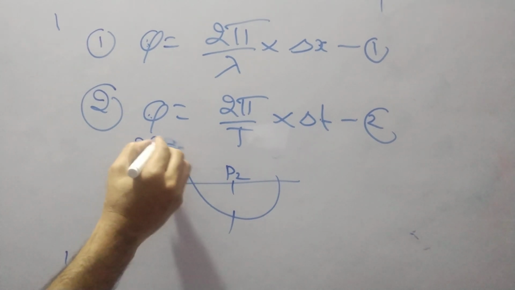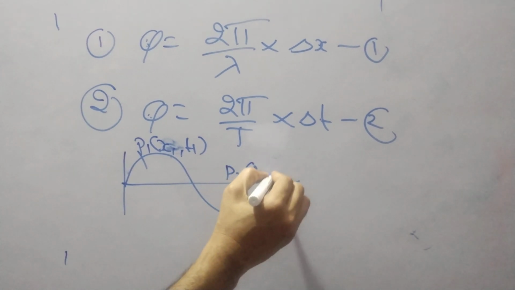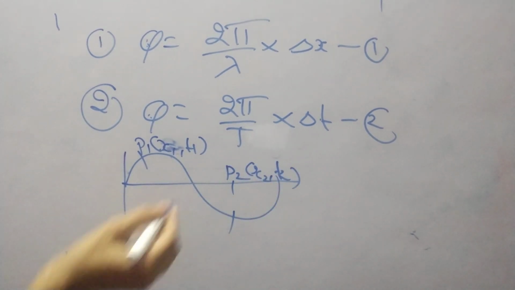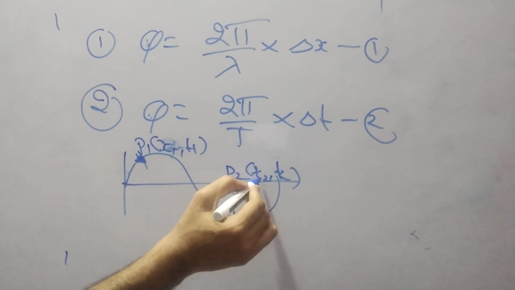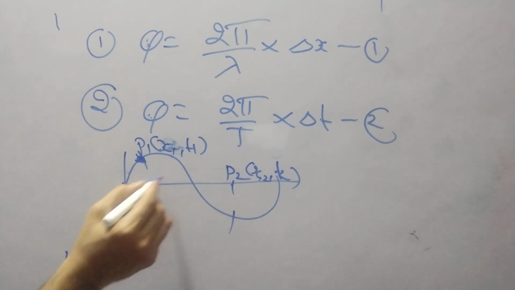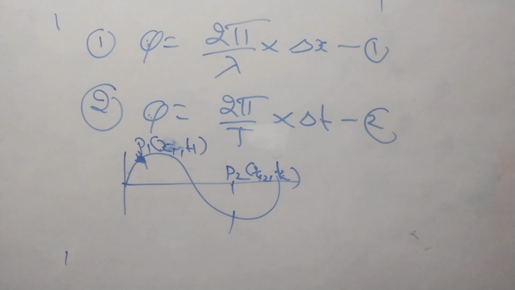P1 values are x1, T1. P2 values are x2, T2. What is the path difference? Your point P1 is at x1 and P2 is at x2, so x2 minus x1 is the path difference. T2 minus T1 is the time difference.